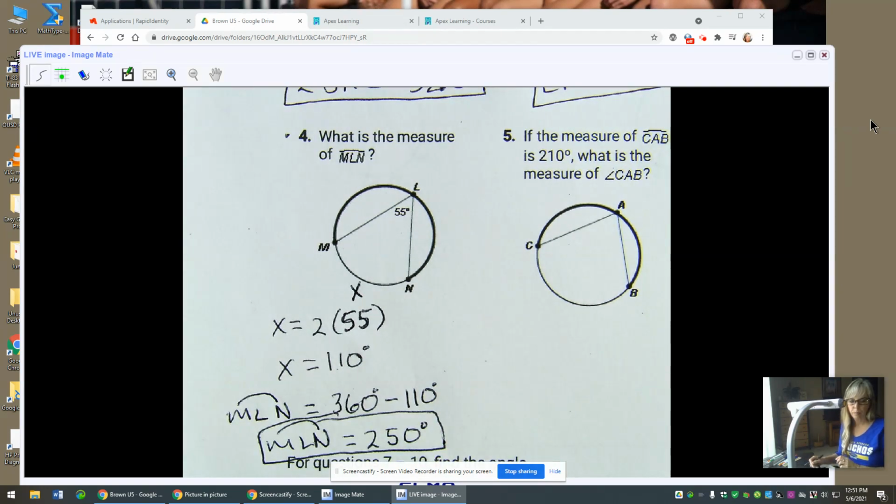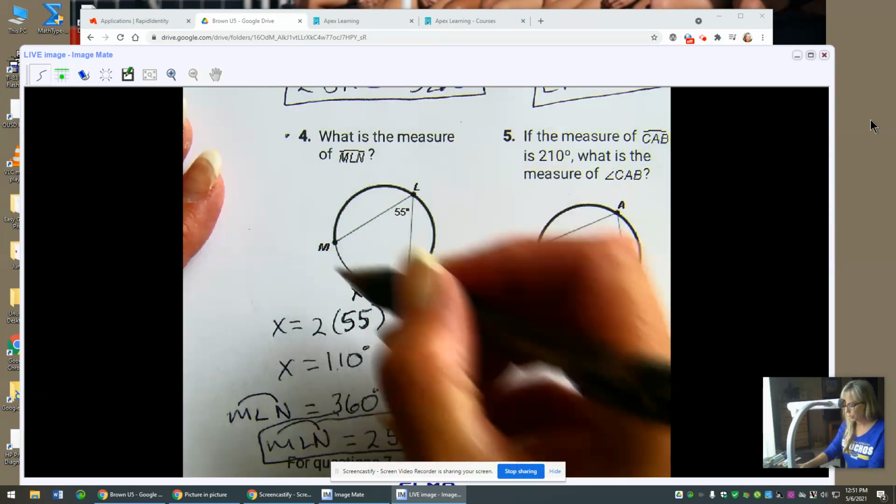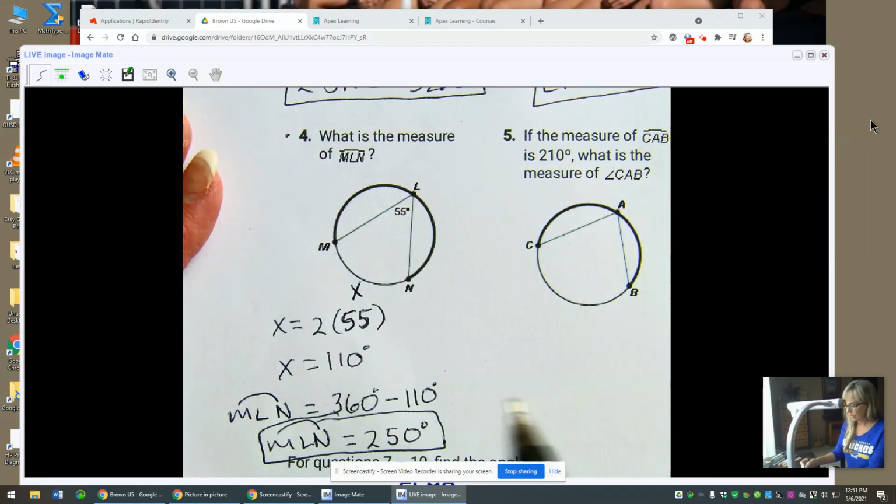All right, so read carefully when you're taking your Apex quiz. What are they asking you for? Because we want to jump straight to the first answer and call it good. And I guarantee that's going to be one of your answers on the multiple choice on the Apex quiz. So be careful and read slowly.